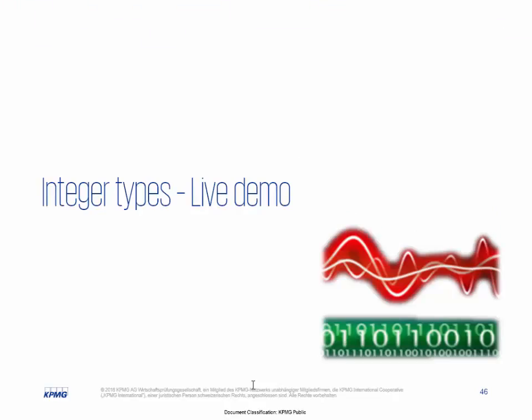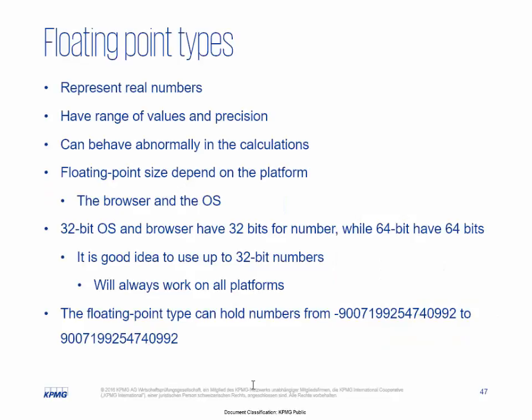Floating point types are more complex. Like I mentioned, numbers in JavaScript have only one type. It's floating point, but they are represented differently if you're assigning an integer, like we did now. The representation of a number in floating point is more complex. I have a recorded lecture about floating point types and a whole blog post about it, so if you want to really understand how floating point types are represented in memory, there are different ways a floating point number is constructed.